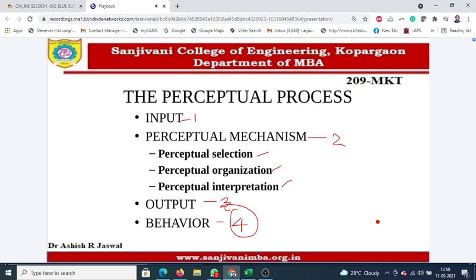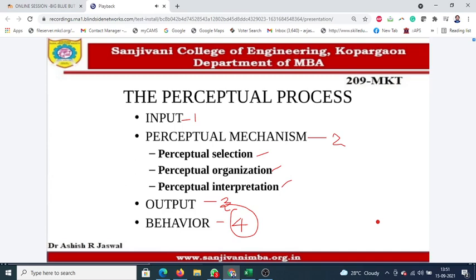This schema acts as a filtering mechanism and helps select some of the stimuli, interpret and organize the stimuli. The selection, organization and interpretation of the human mind is done by the characteristics of the perceiver and the characteristics of the situation.